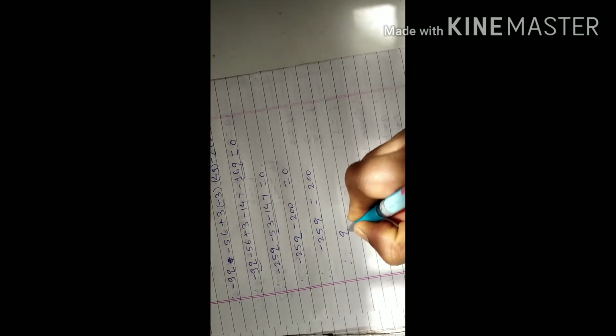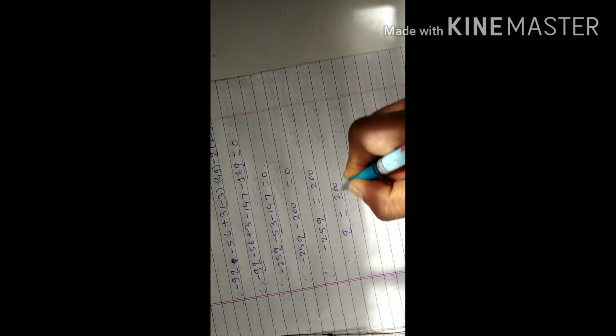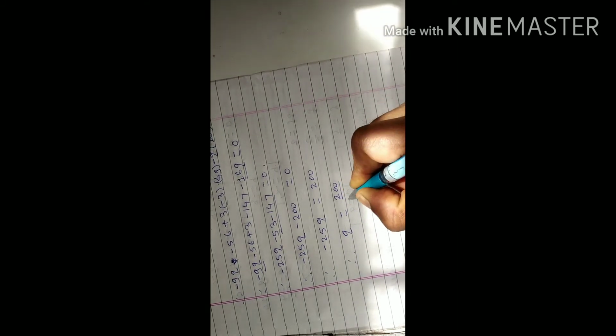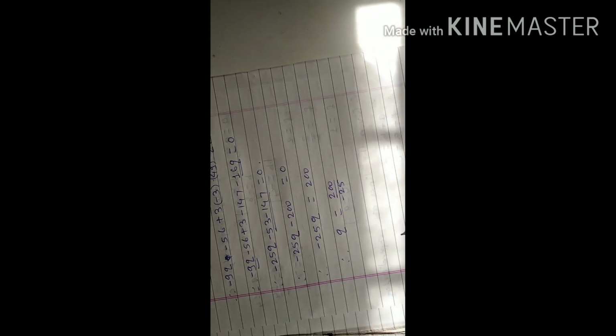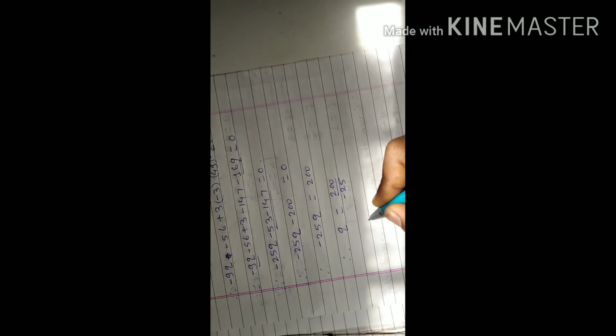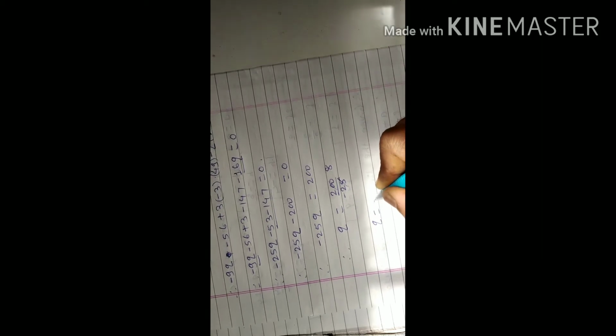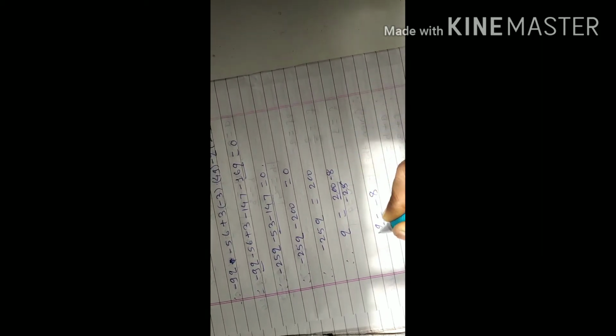Therefore the value of q is equal to 200 divided by minus 25. Then we get the value of q is equal to minus 8.